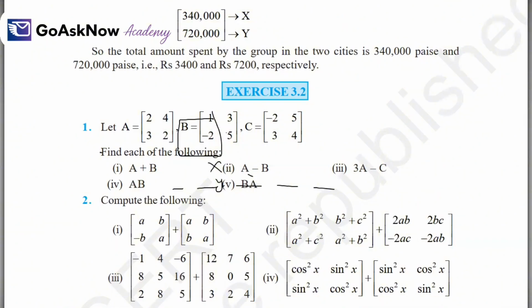Find each of the following: A plus B, then A minus B, then 3A minus C, AB, and BA. So this is a very simple question, and I assume that you can find out these values because these are very simple here. Okay.